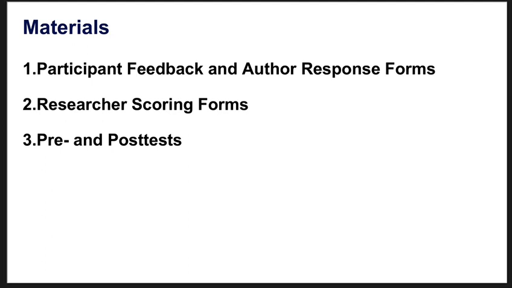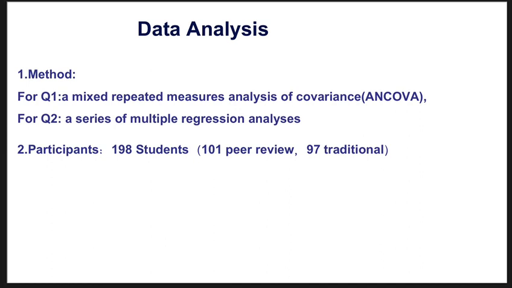And then it's about the data analysis. In the analysis, the authors included a mixed repeated measures analysis of covariance, relying on English proficiency as a covariate and testing for differences between groups using pre and post test writing assessments to address research question 1.